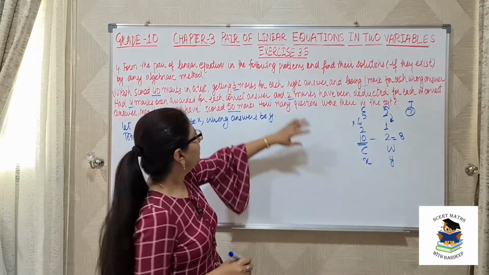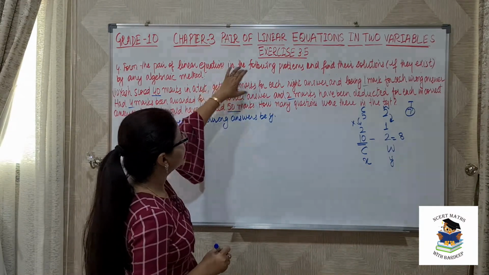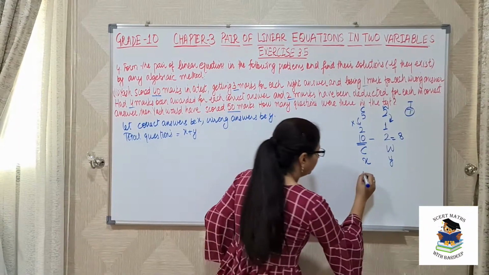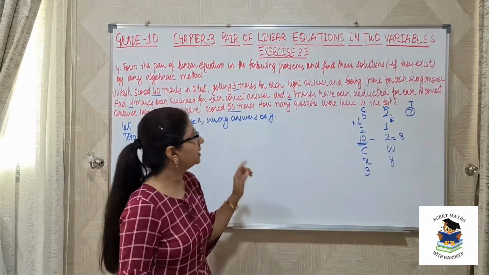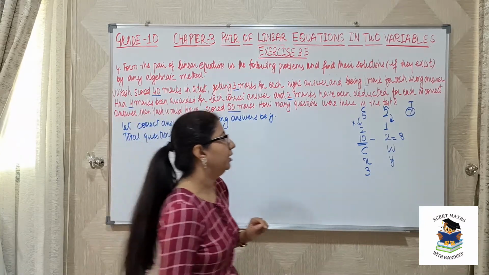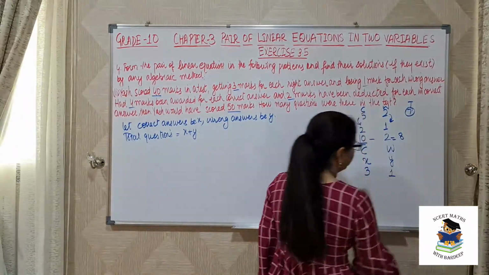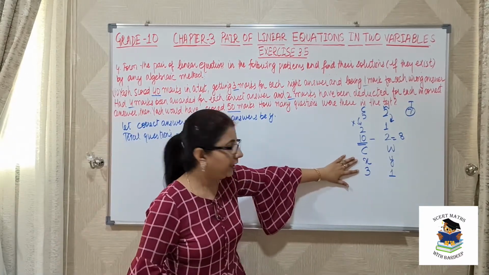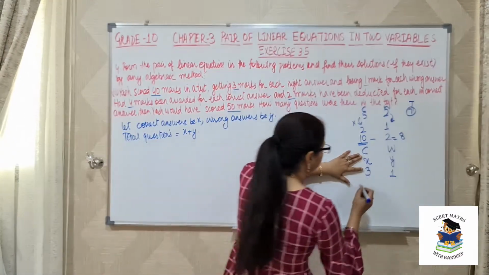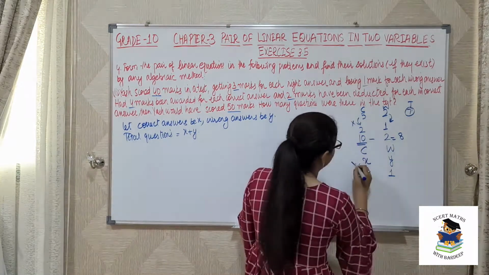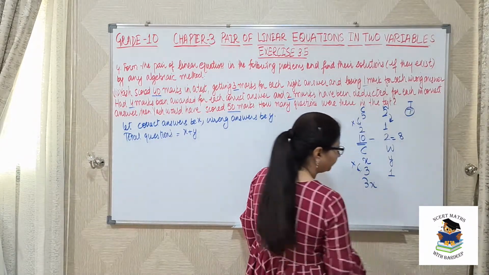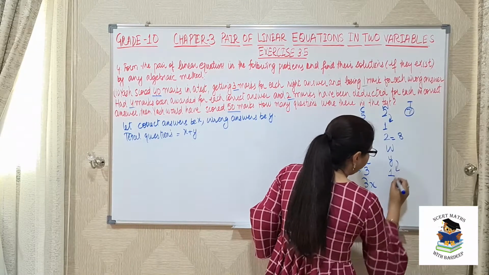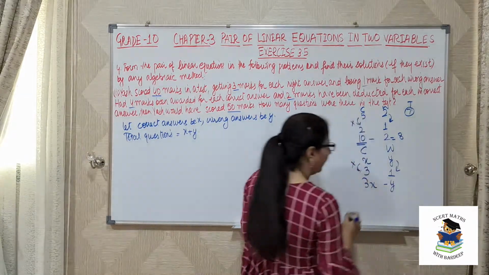Now, 3 marks for each right answer and 1 mark for each wrong answer. How many marks will that person obtain? x into 3 is 3x, and y into 1 is y.